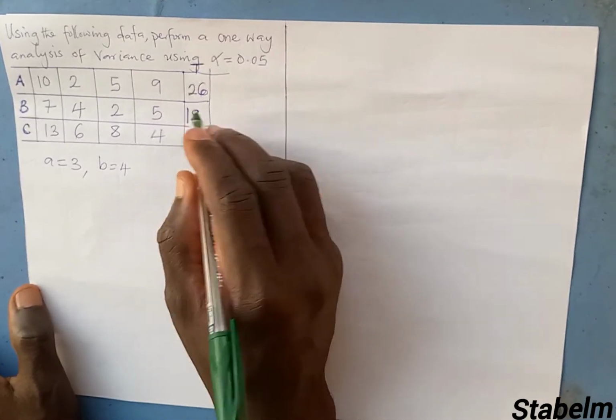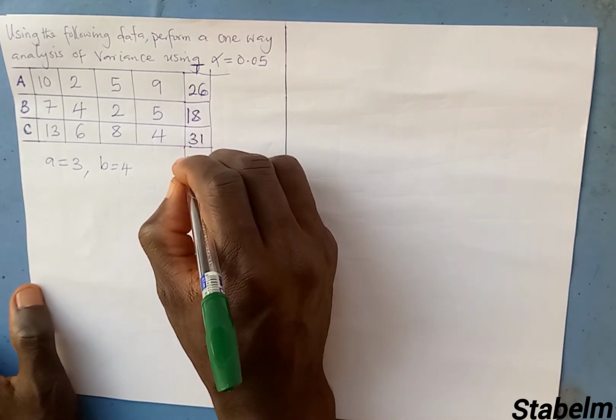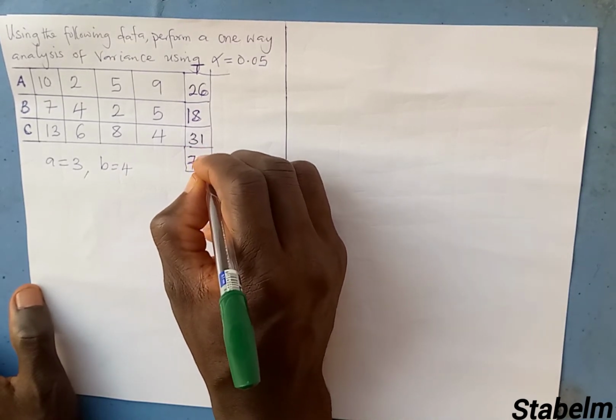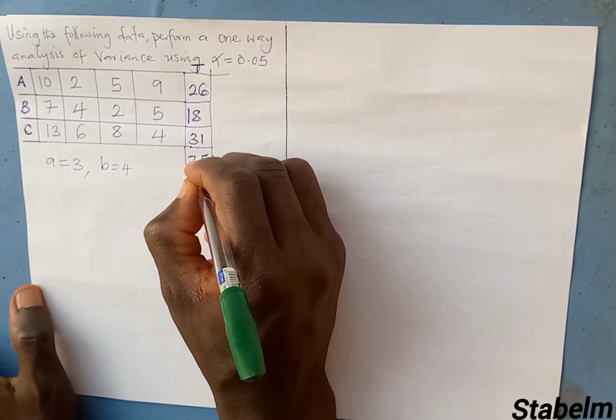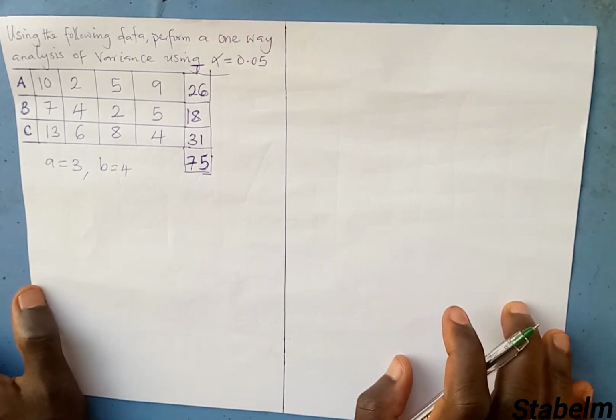So here the grand total, if we add all this together, we have 75, sorry, rather than 74. We have 75. This is our grand total.